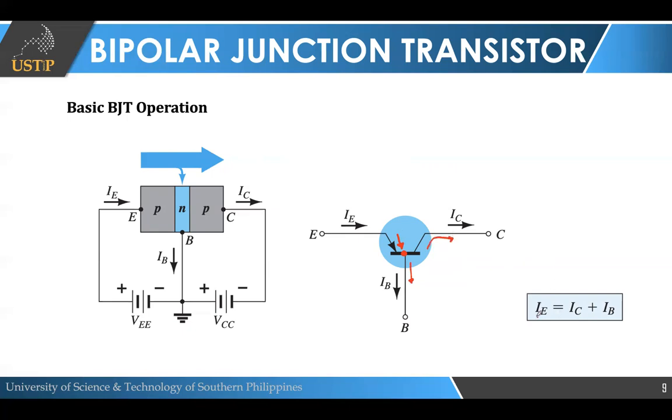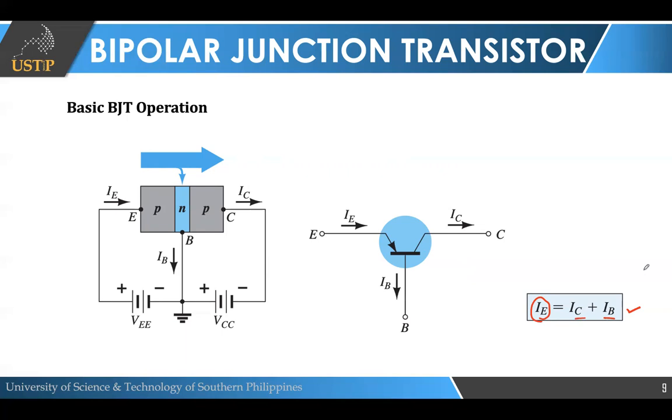So, your IE, which is your emitter current, is just equivalent to the sum of your collector current and your base current. Okay, so take note of this expression. It's always going to be this way, class. Your emitter current is always the larger value than your collector or your base current.